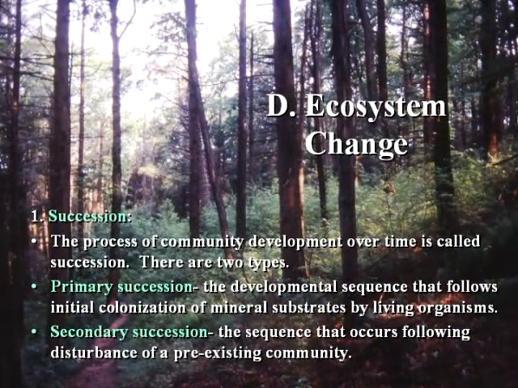And with that, we are now going to change our focus still again. We've now completed pretty much what I want to say about evolutionary ecology, and we're going to look at evolution of a different sort now. And this is how it is that ecosystems evolve, change over time.